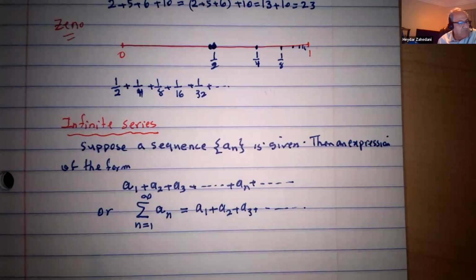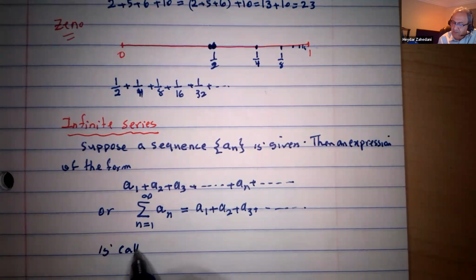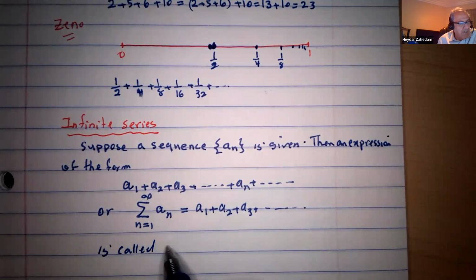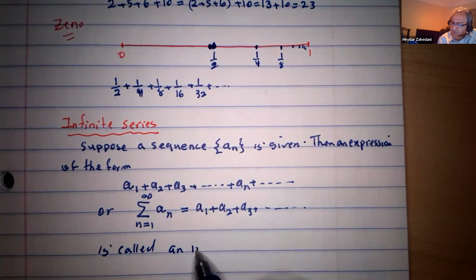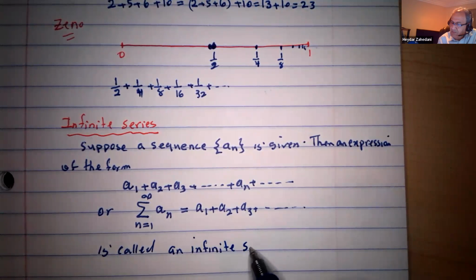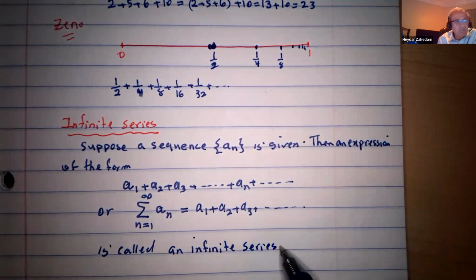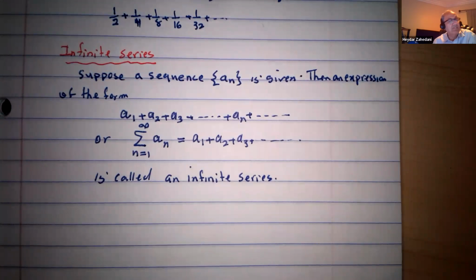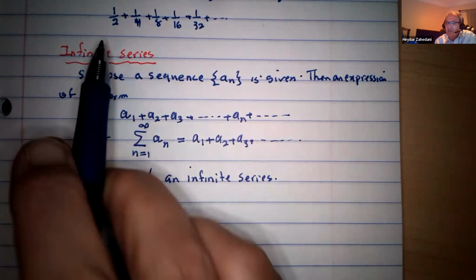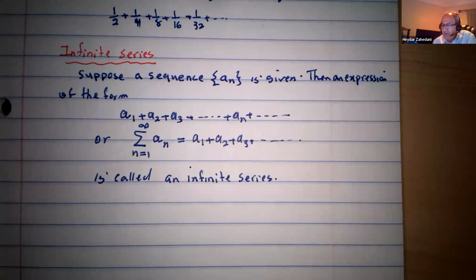An expression of this form is going to be called an infinite series. So it is in fact the sum of the terms of the sequence AN that's already given to you. And the idea is to find its sum.